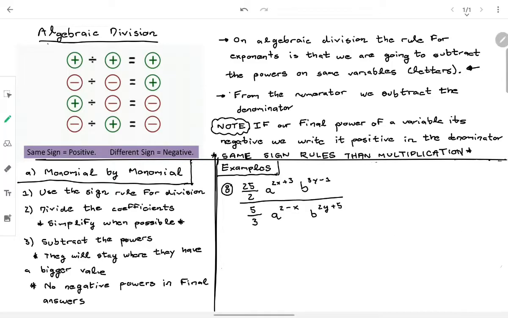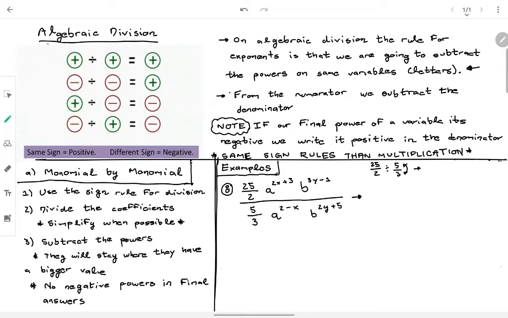So the last example is something like this, but remember the steps are the same. We need to use the sign rule for division. So in this case, positive and positive is going to be a positive answer. Then we need to divide the coefficients. So in this case, it's going to be 25 halves divided by 5/3. So we can flip this one.